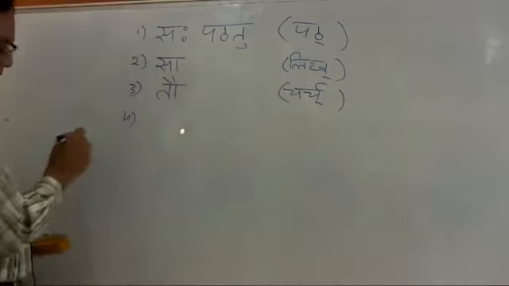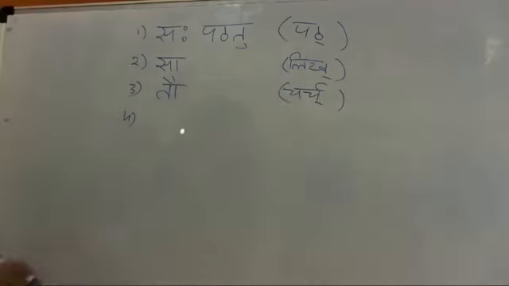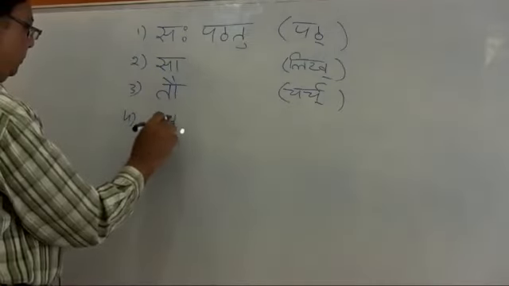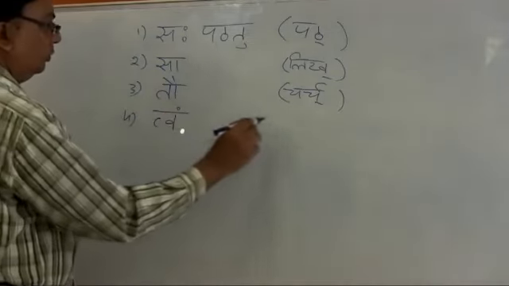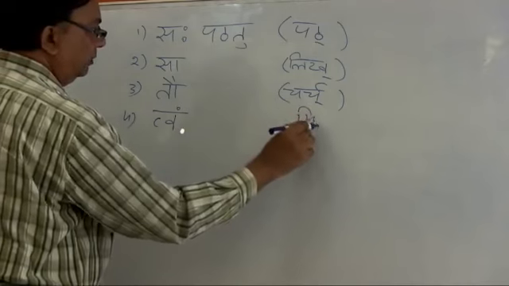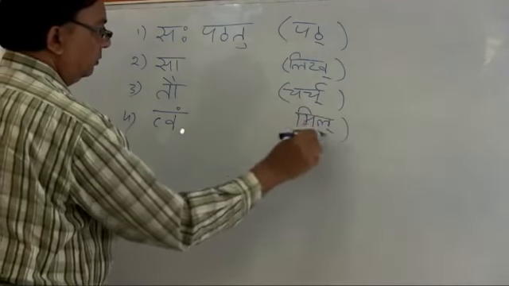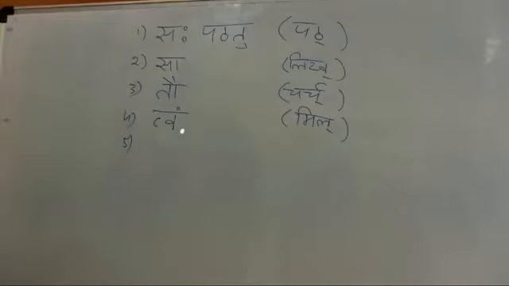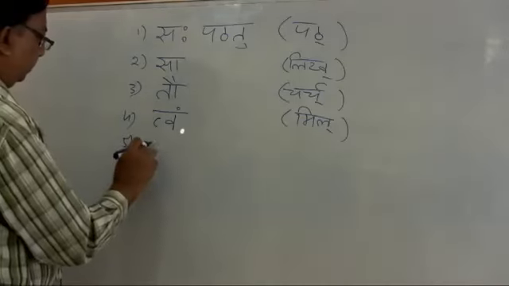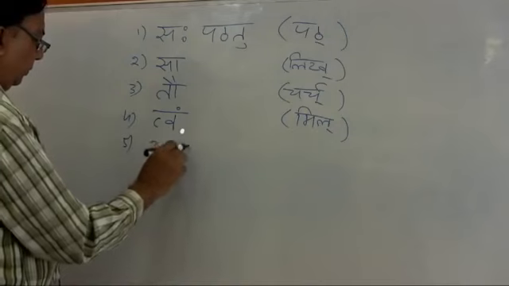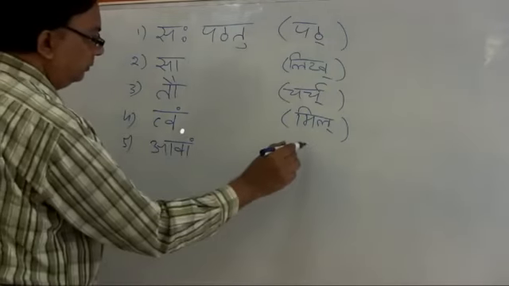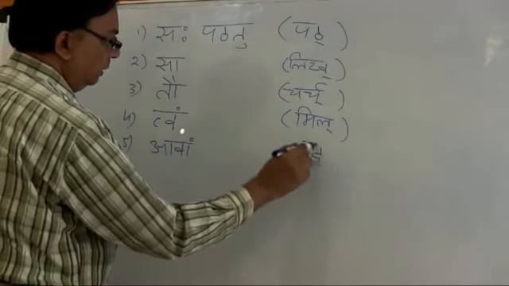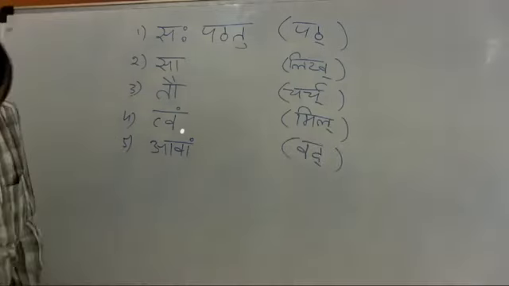The fourth one, Tvam Mila. And the verb to be derived here, mil. Fifth one is given, Avam Vada. Vada is the verb to be derived here.